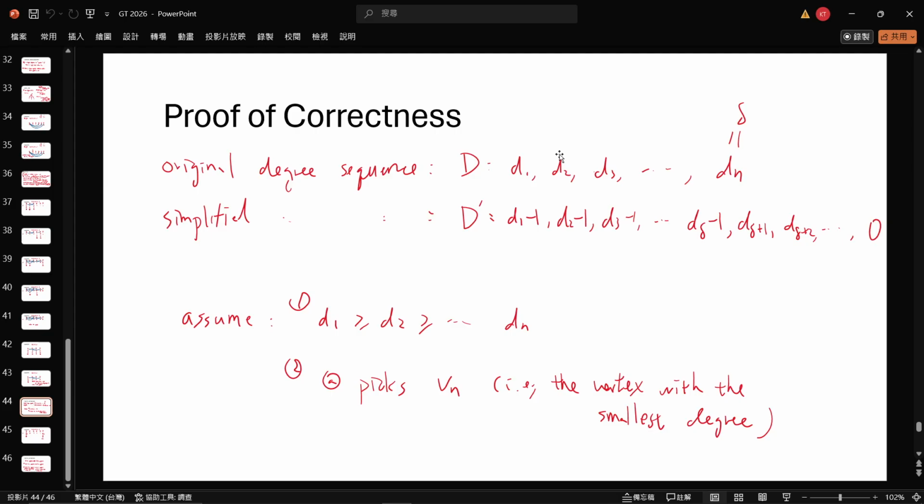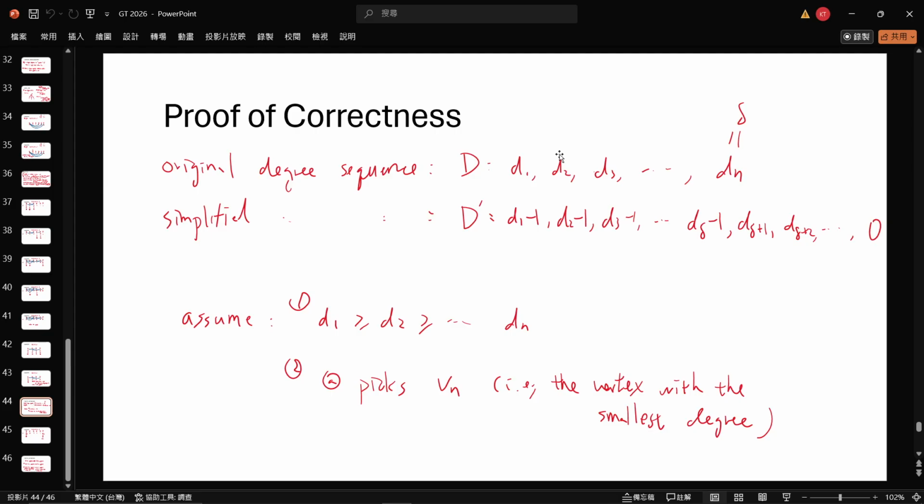We want to show that if the original degree sequence is graphical, then the new degree sequence is still graphical. Last time Melvin asked, is it possible that the algorithm outputs no, it's not graphical?